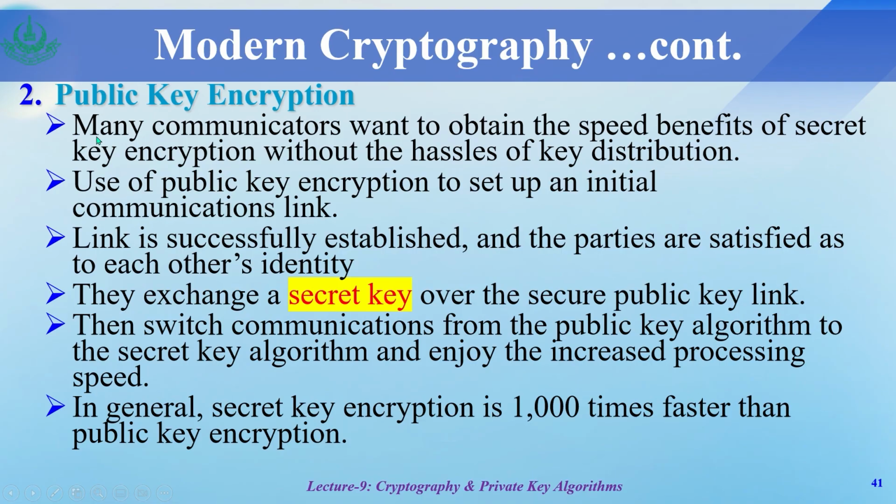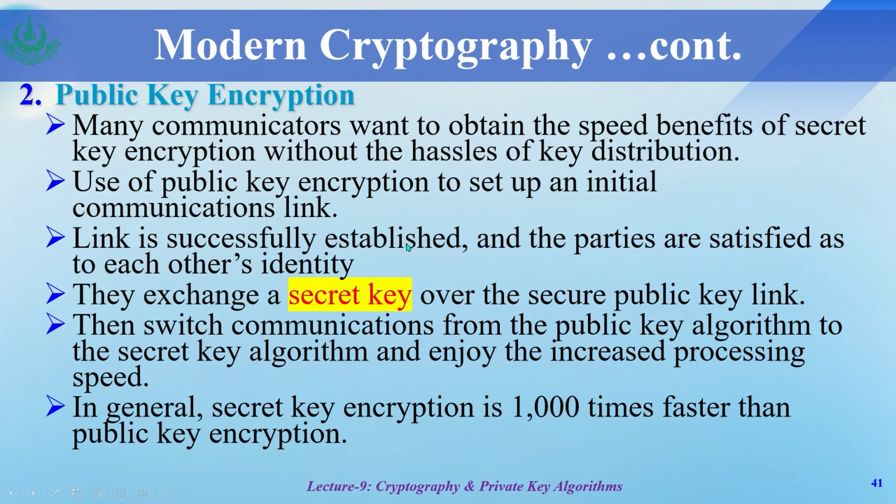Public key encryption. Many communicators want to obtain the speed benefit of secret key encryption without the hassle of key distribution. Use public key encryption to set up an initial communication link.